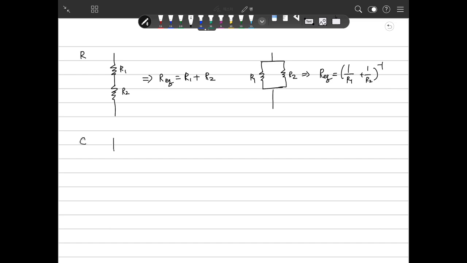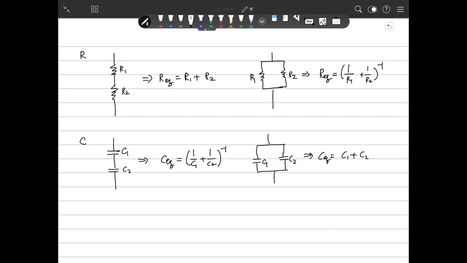In the case of capacitance, when capacitors are connected in series, C1, C2, then CEQ is 1/C1, 1/C2, inverse. When capacitors are connected in parallel, C1, C2, then CEQ is C1 plus C2. Do not confuse these things.